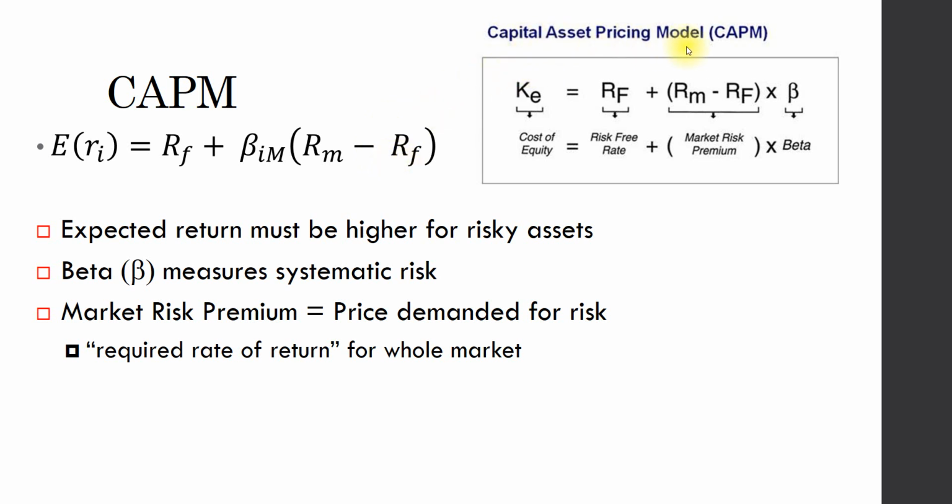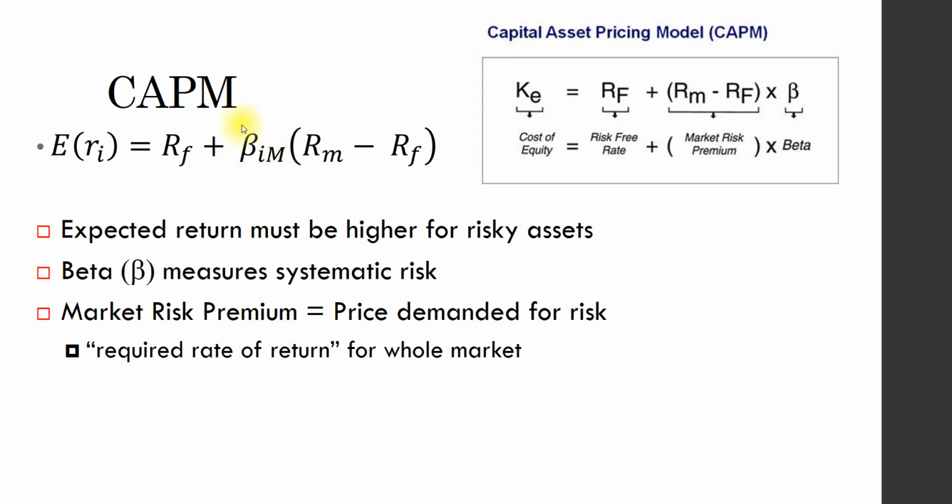You may also see the capital asset pricing model expressed this way, where KE is the cost of equity, which equals the risk-free rate plus the market risk premium times the beta. A few bullet points to note: the expected return must be higher for riskier assets. We would expect to achieve a greater return by investing in more risky assets.